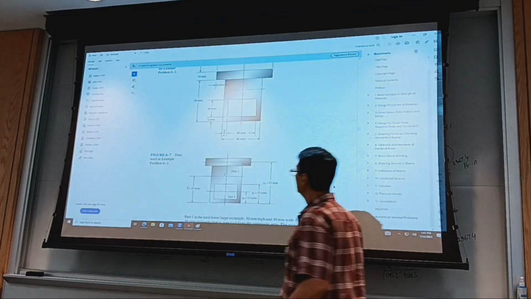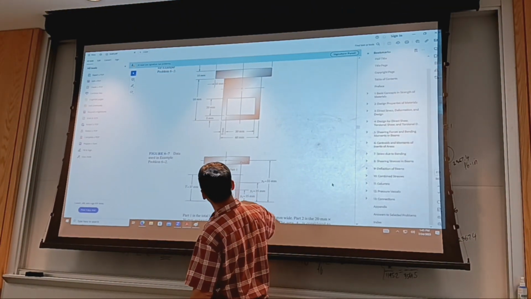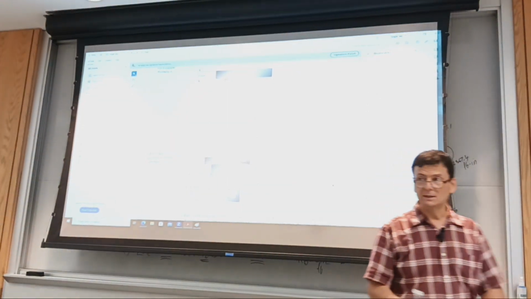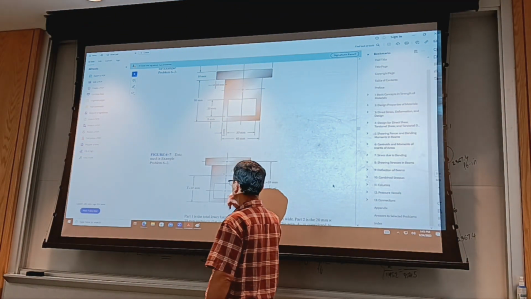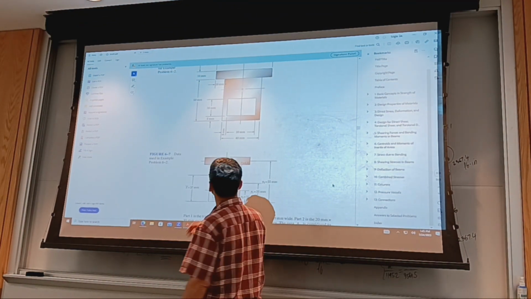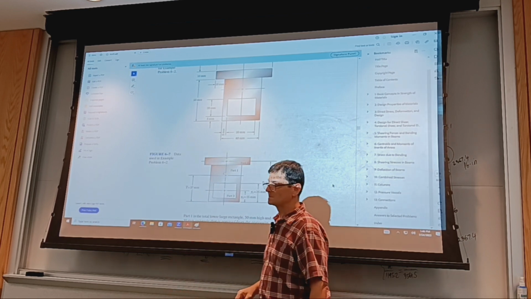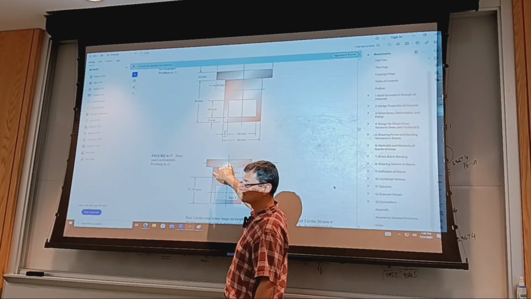Is that correct? If I have missing material, I divide this into sections whose centroids I know, and I can calculate areas. You go to appendix 1 at the back of the book. So where's the centroid of just this top part number 3? In the middle, you draw the diagonals, and that's where the centroid is.